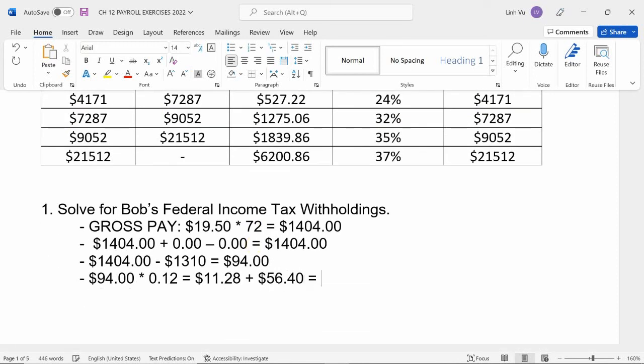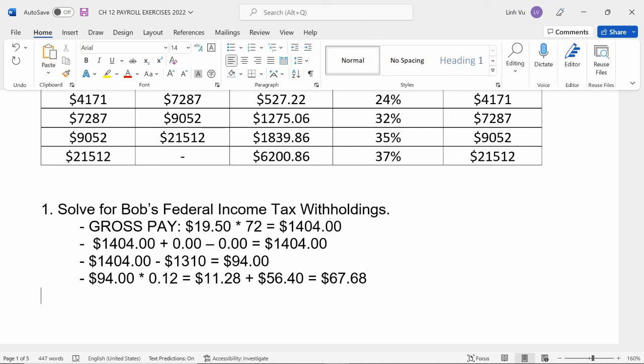So right now, his federal income tax withholding is currently at $67.68.